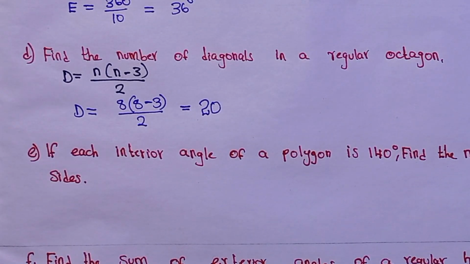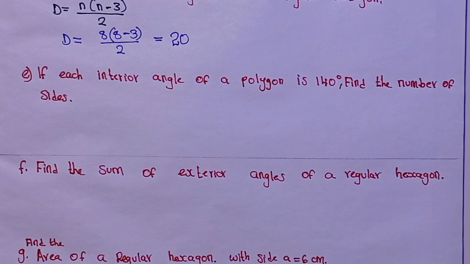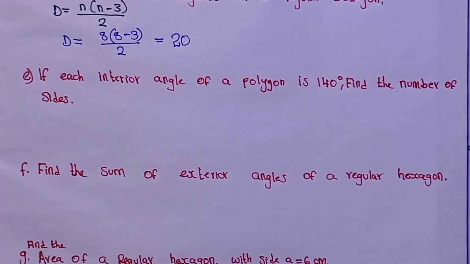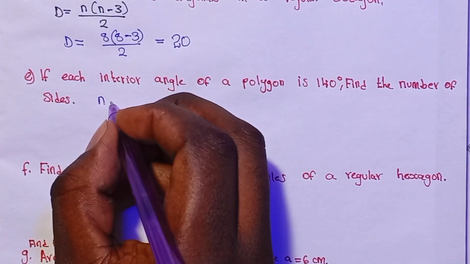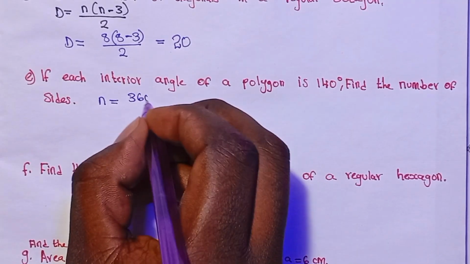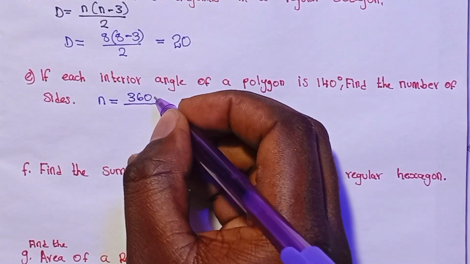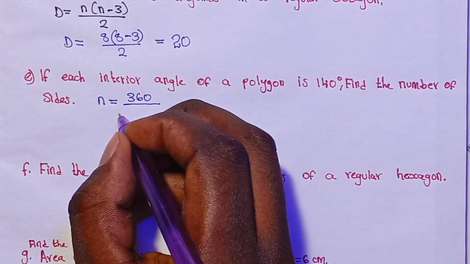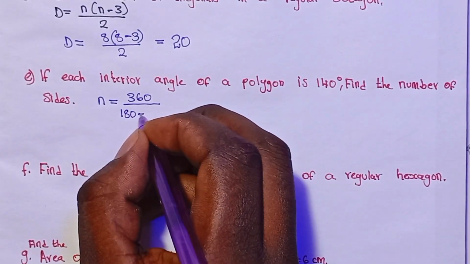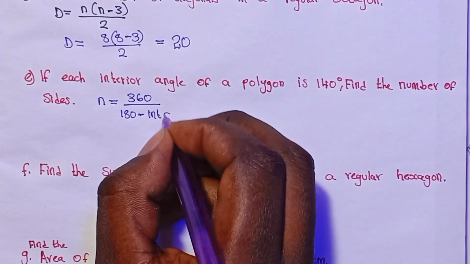The next question is question number 5. If each exterior angle of a polygon is 140 degrees, find the number of sides. So this is asking about the number of sides. From what we know, the number of sides is given by 360 divided by the exterior angle, and the exterior angle is given by 180 minus the interior angle.